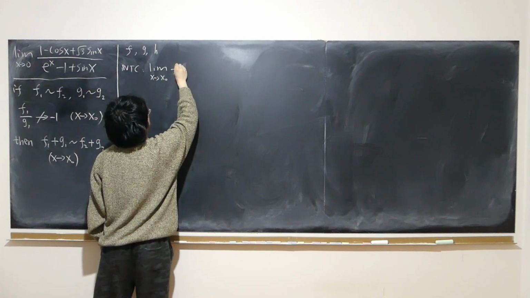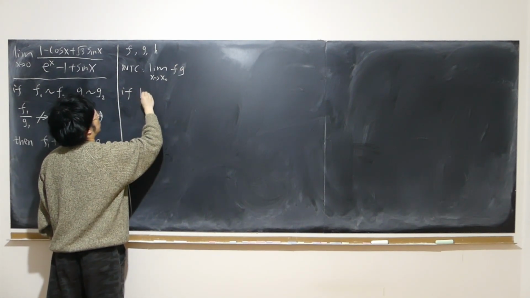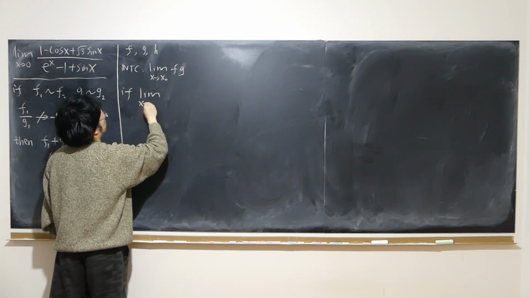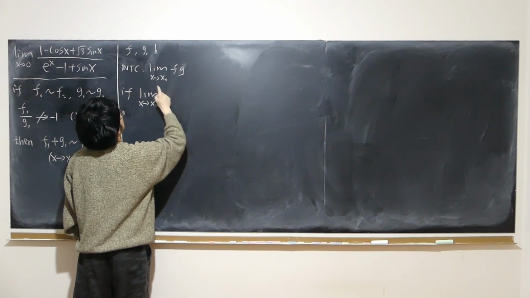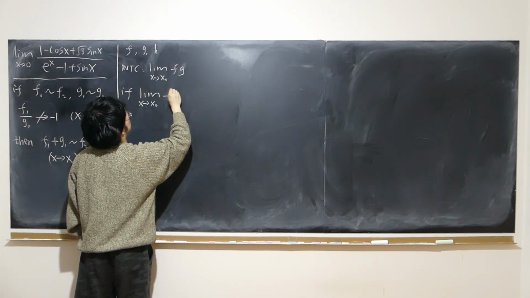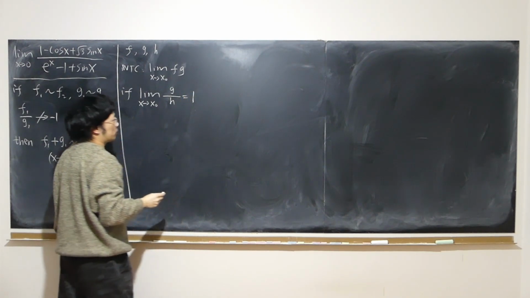If we have the following condition, the limit as x approaches x naught of g over h is equal to 1, that's what I mean.